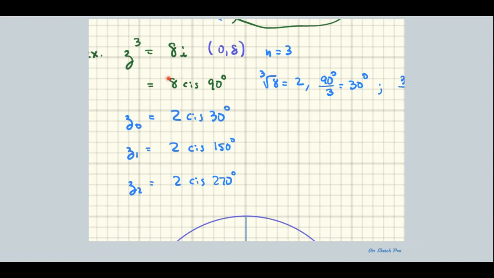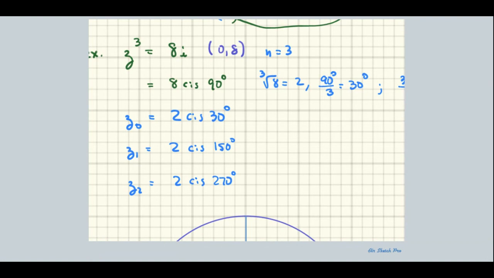So remember, this is just a number, and this is an exponent. When you take the cube root of a product, it's the product of the cube roots. Cube root of 8 is 2, and the cube root of cis 90, cube root of e to the i 90 degrees, is e to the i 30 degrees, which is cis 30.